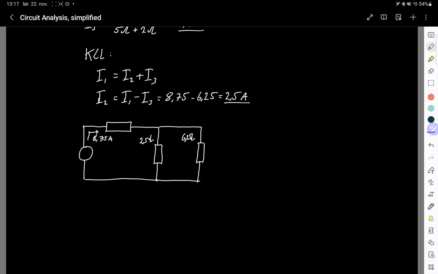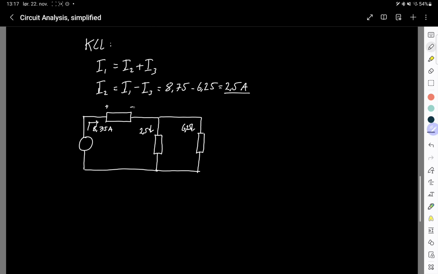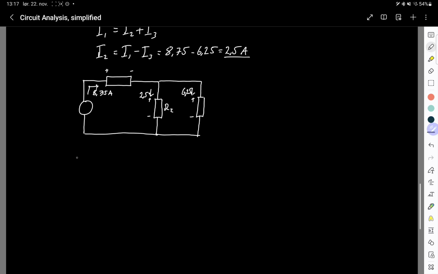They're all in amps. Now, what can we use this for? Well, you can find the voltage drop from here to here, from here to here, from here to here now, because you've got the current and you've got the resistance. So this is R2. If you want to find the voltage drop over R2, you'll just write V equals I2 times R2, which would just be 2.5 amps multiplied by, was it 10 or was it 5?